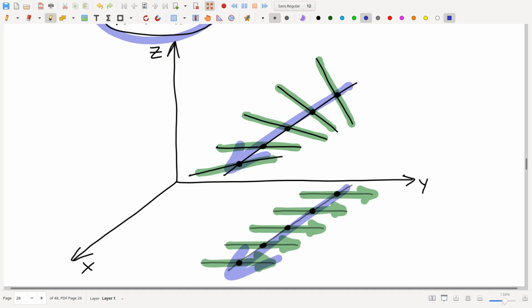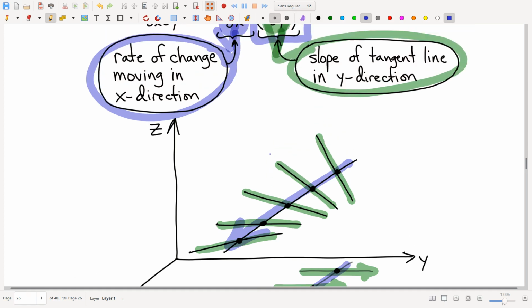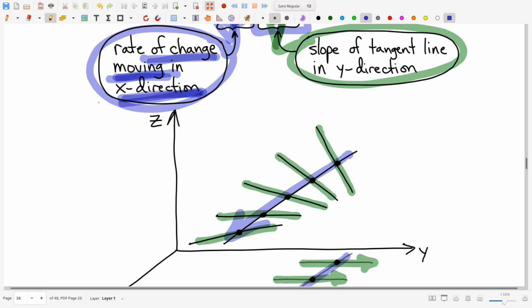And now I ask, rhetorically, how are these slopes changing as I move in the x direction? And, well, they appear to be increasing. Does that make sense to everybody? So for a function for which the corresponding picture, and again, I'm not drawing the graph itself, but imagine there's a graph under there, if this is what the picture of the graph would look like and the resulting cross sections, etc., these y partials are increasing, which means the x partial of the y partial is positive.